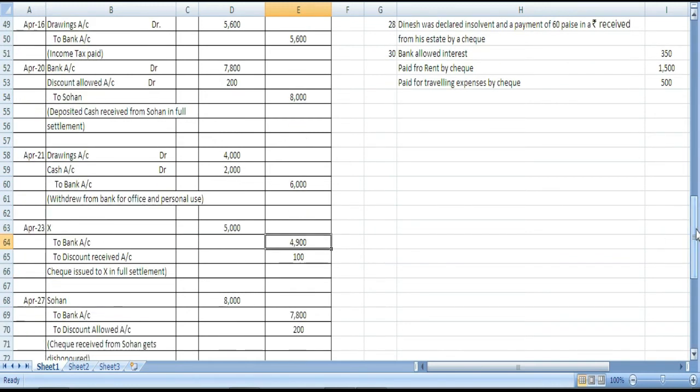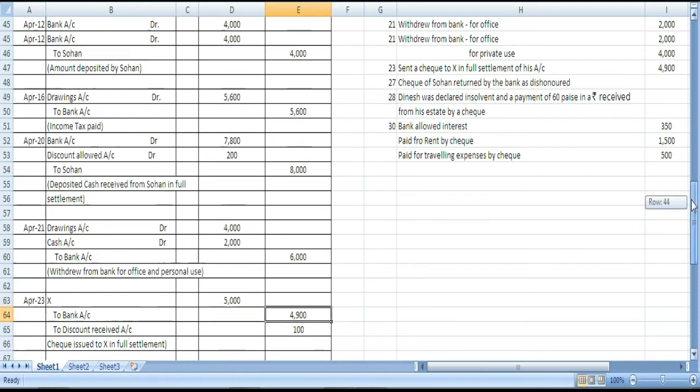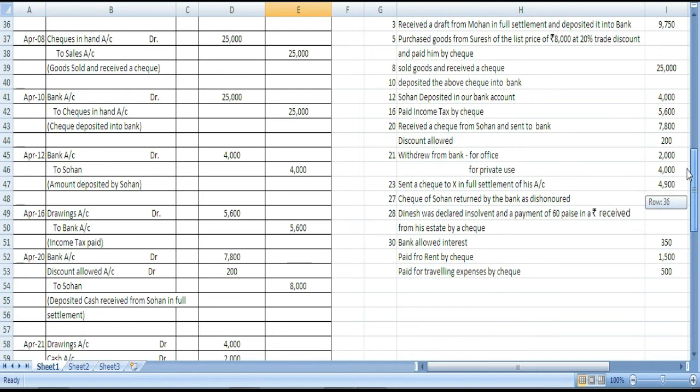Okay. Now, April 27, check of Sohan returned by bank as dishonored. Okay. Now, Sohan had deposited the check of 4,000 directly into the bank. On which date? On date 12. So, if you see here, bank is receiving. Bank is a personal account as per the rule.